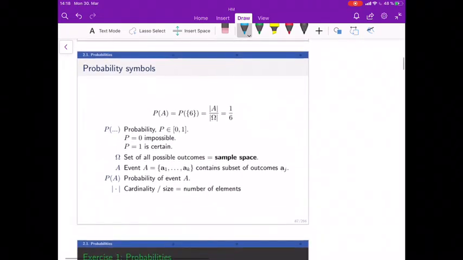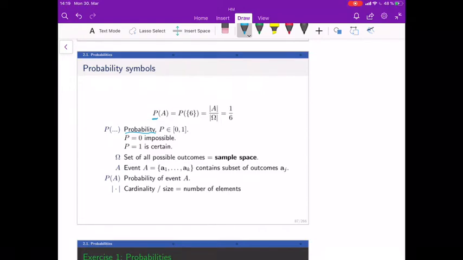I've already introduced a few symbols here, so let's talk about them. P of something always stands for probability. It's a number between 0 and 1, where 0 means it's impossible, it will never happen, and 1 means it certainly happens.